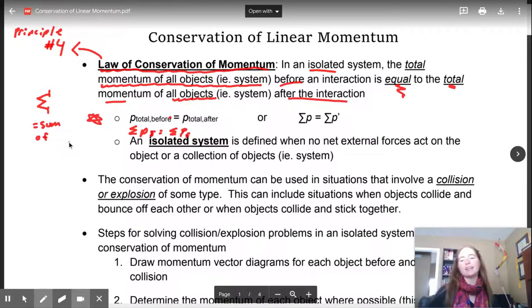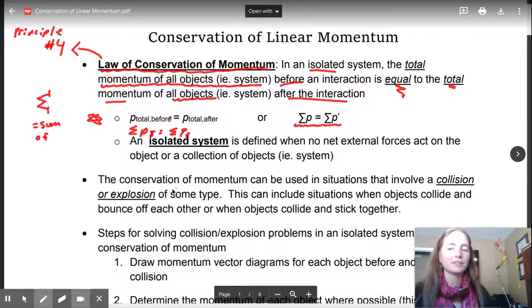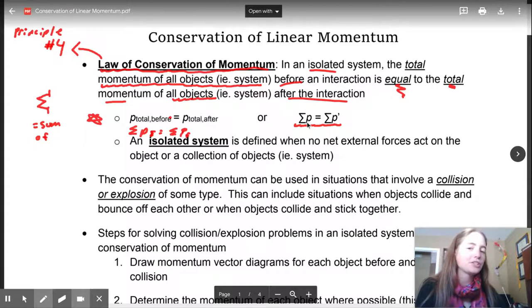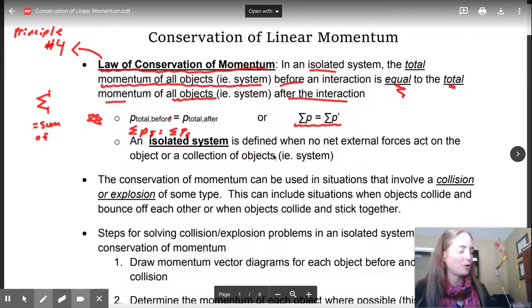So I tend to use our lovely little sigma as opposed to P total, which we actually have written there. Remember how we talked about prime, how the sum of P is going to equal the sum of P prime. Remember, P prime is after or modified. So this would be initial, and that would be final.